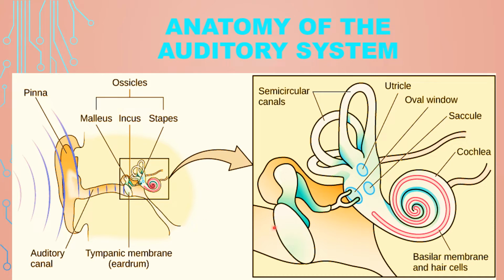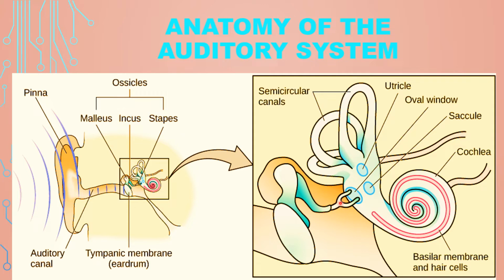That is, in the enlarged diagram we can see this. So this is the eardrum. When the sound wave comes and touches the eardrum, this eardrum vibrates, and this vibration results in the movement of the ossicles, that is the malleus, incus and the stapes.